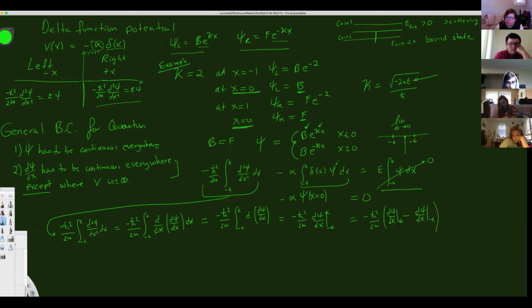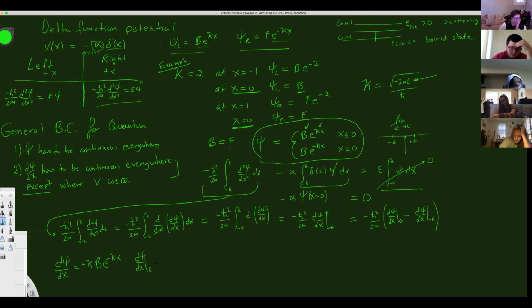We can actually figure out what these are because we know what psi is. Here's psi. So let's figure out what d psi dx is at positive epsilon. Positive epsilon means it's in the x greater than 0 area. So d psi dx is minus kappa b e to the minus kappa x, because I have to take a derivative.